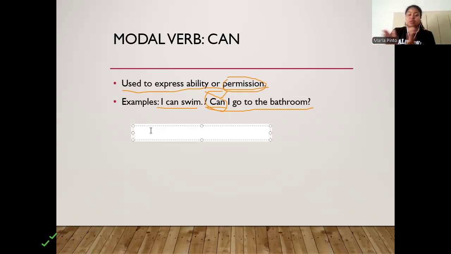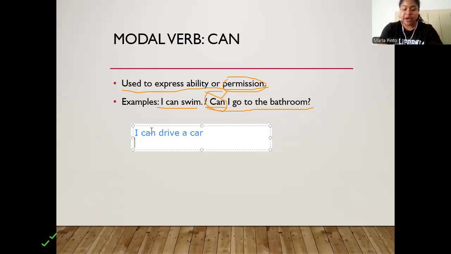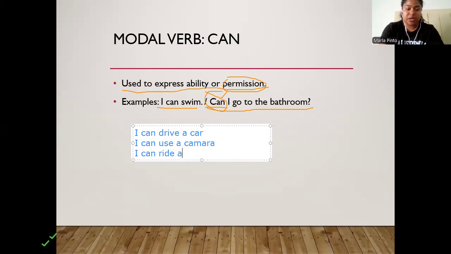Okay, let's see now some examples that are going to be useful during this session with can. For example, I was talking about: I can drive a car, I can use a camera, I can ride a bike, right?